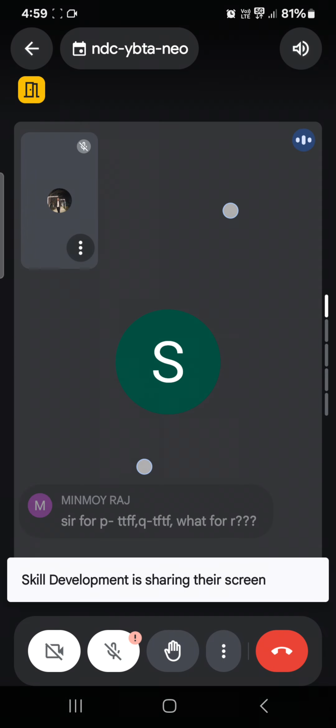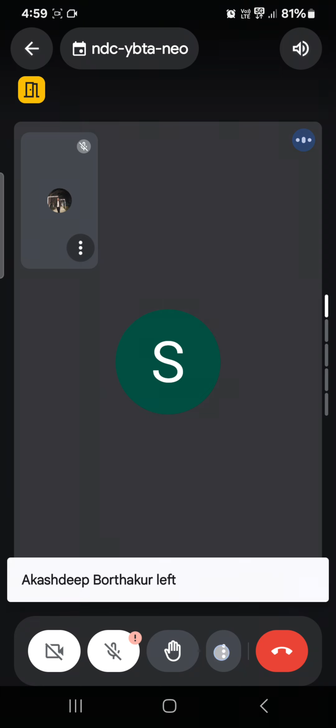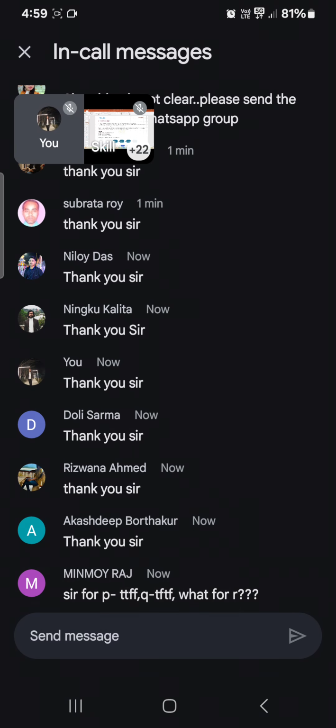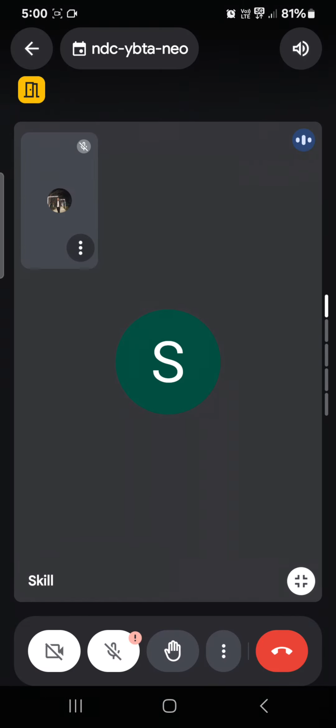Some of you might ask the question why deductive reasoning is propositional logic. From today's class, it's clear. Deductive means either true or false. Here you can say premise one: all humans are vegetarians.